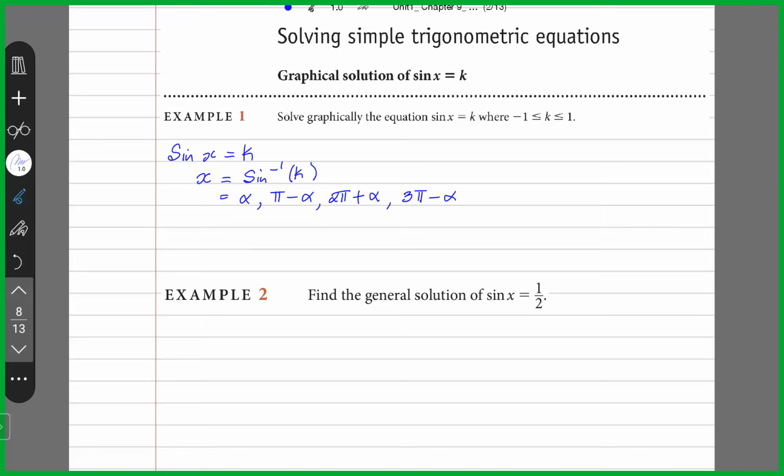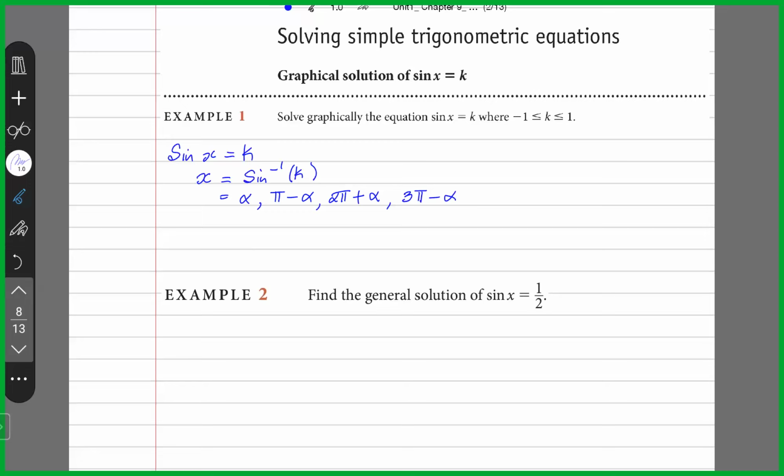The first answer is alpha. The second answer is what? 2 pi plus alpha. The answer in the second quadrant is pi minus alpha. The answer in the second quadrant between 360 degrees and 720 degrees, I'll just add 2 pi, which is 360 degrees.